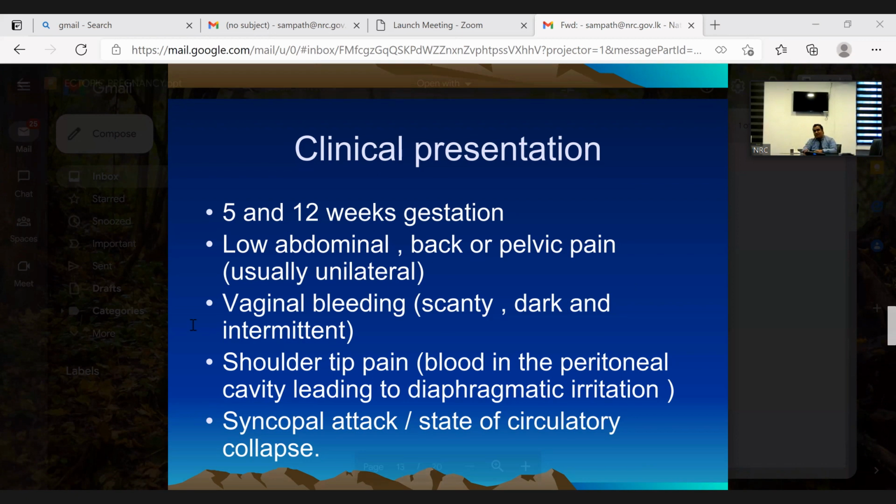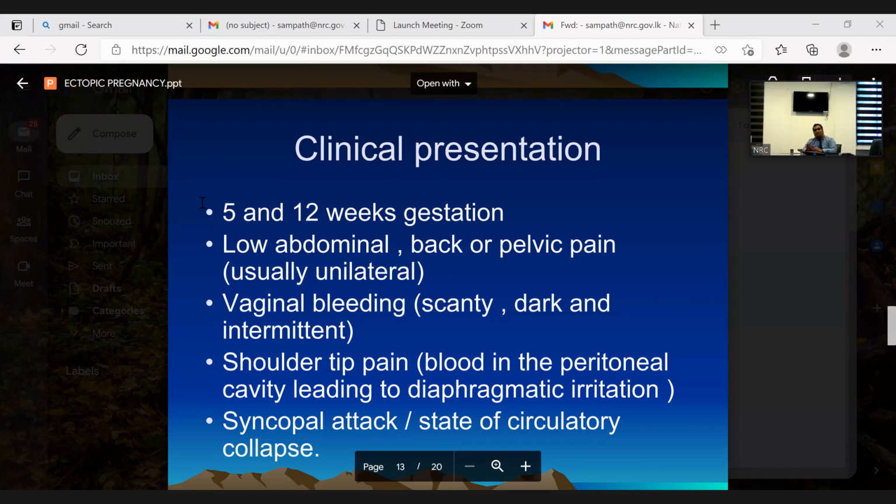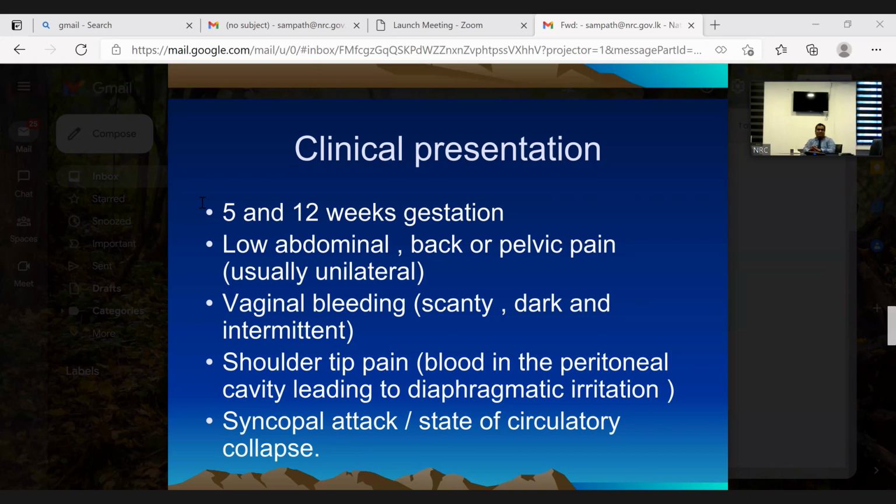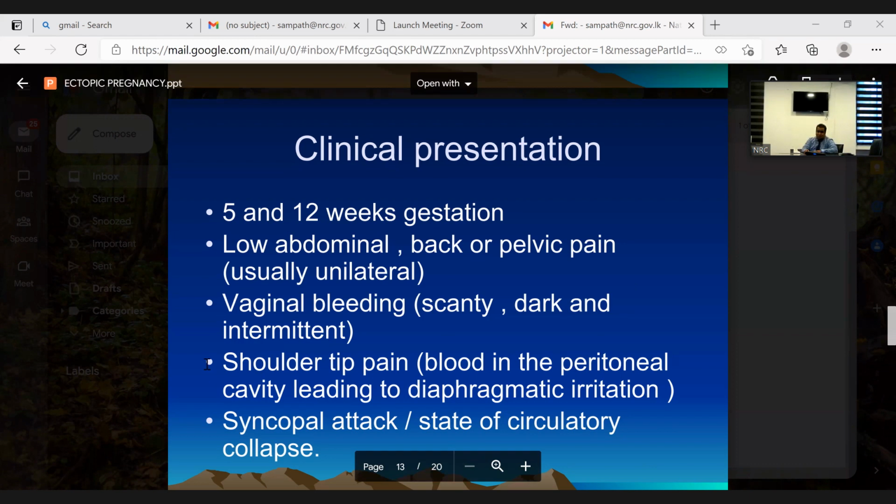So when you practice, be more vigilant. That's a key word. Don't try to be overconfident, right? No harm in over-diagnosing ectopic pregnancy, but there's always a price for not diagnosing. The price is the life of a patient.